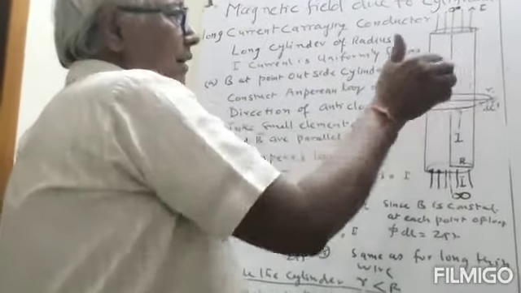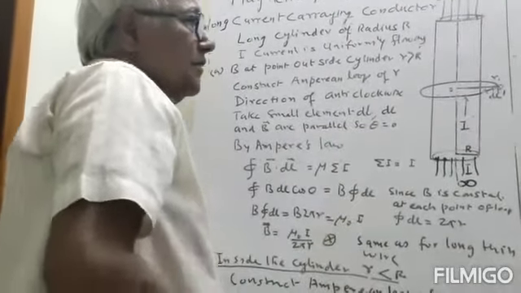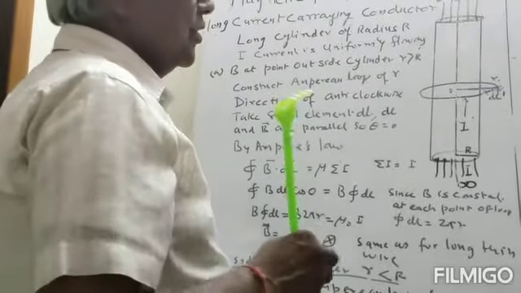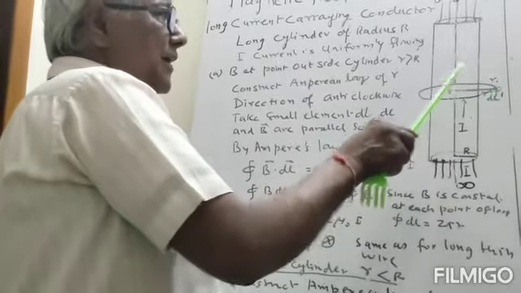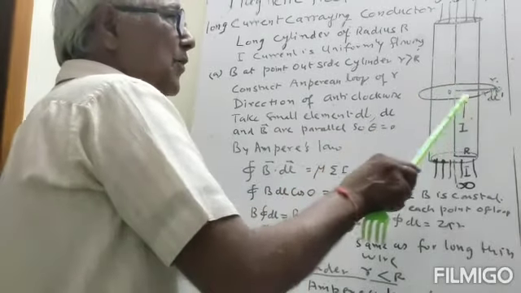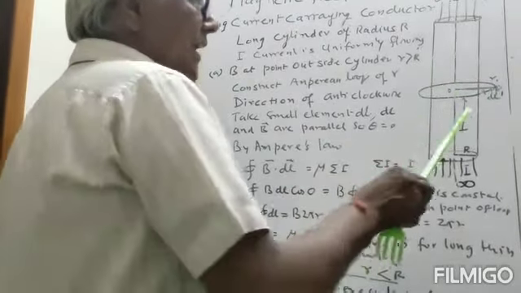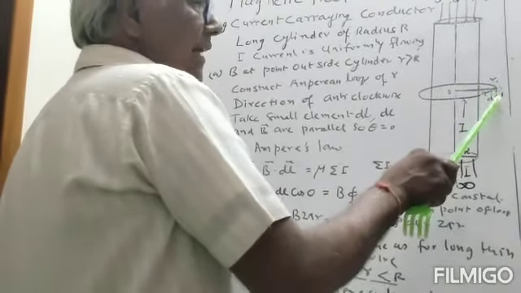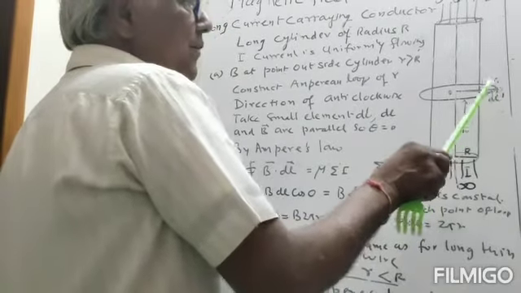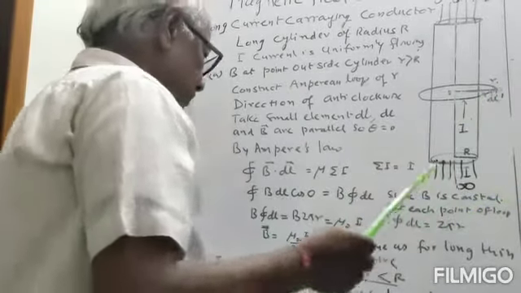So it will be directed inside the board, and it will be the same, inside the board, at every point on the Amperian loop. The direction of B is tangential to dl, so the angle between B and dl is equal to 0.